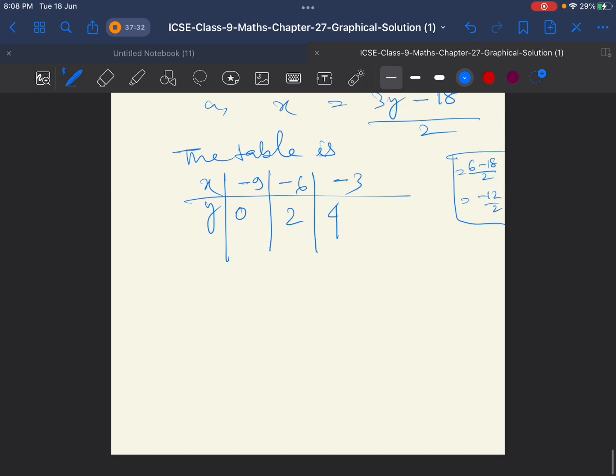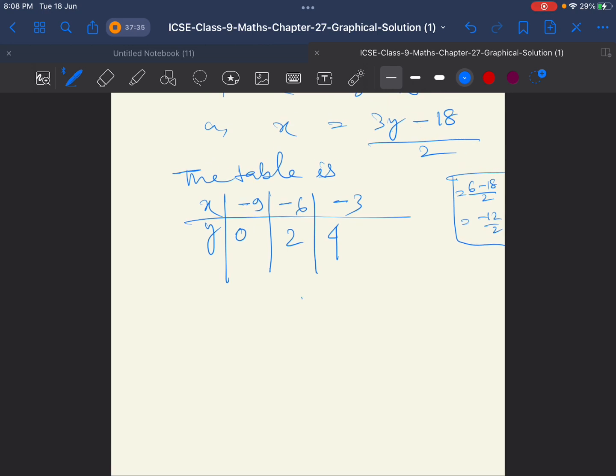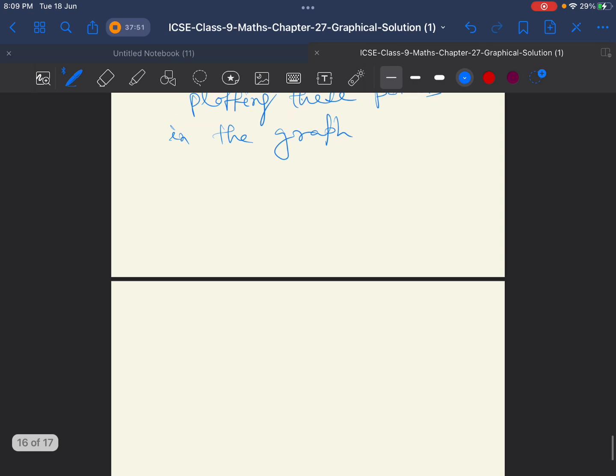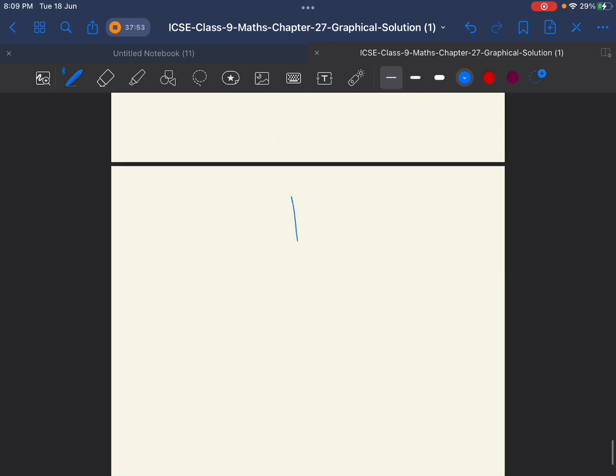When y equals to 4, 12 minus 18, minus 6 by 2, minus 3. So now we plotting these points in the graph.